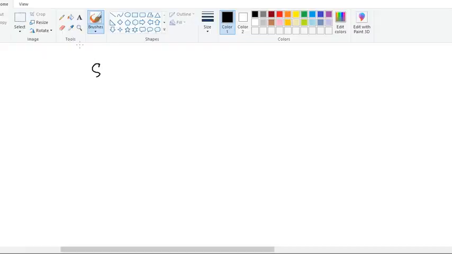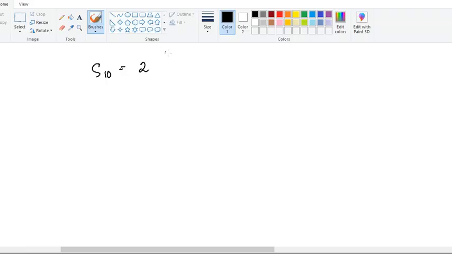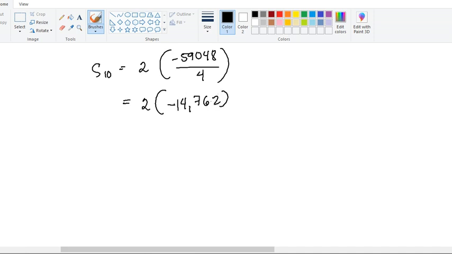So we have S sub 10 equals, and then we multiply this: negative 59,048 over 4. Negative 59,048 divided by 4 will give us negative 14,762.